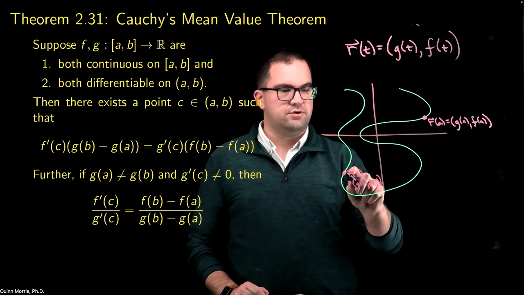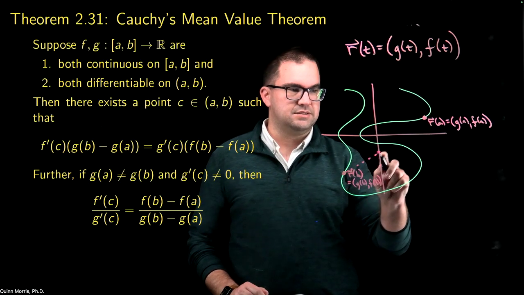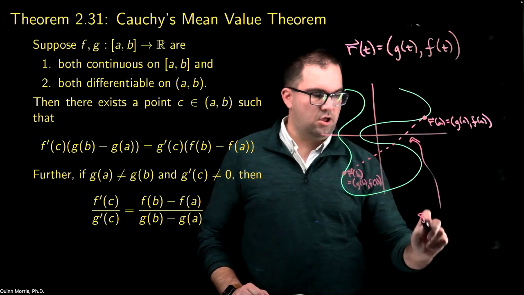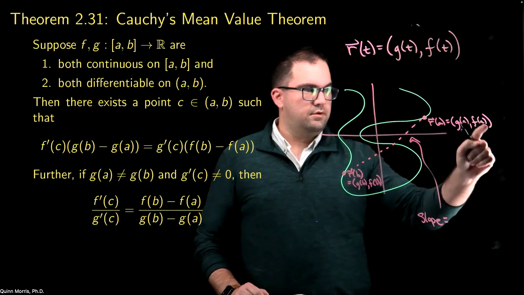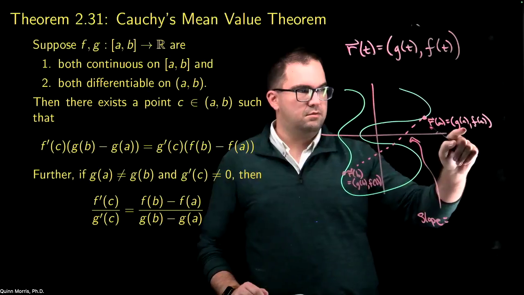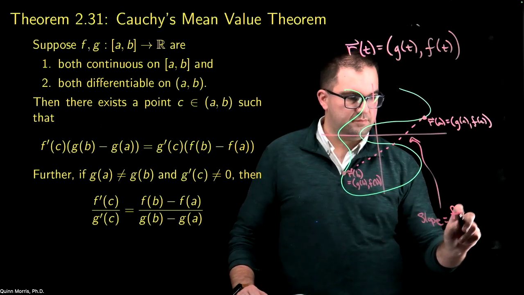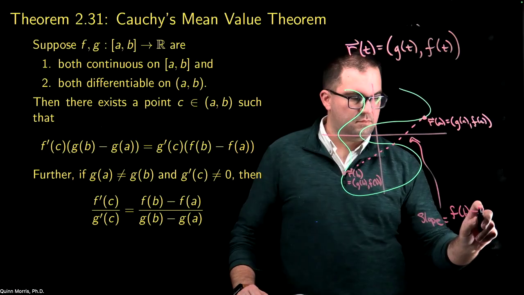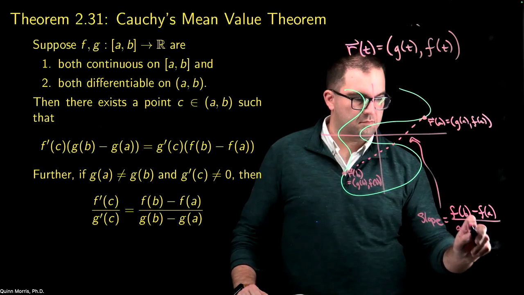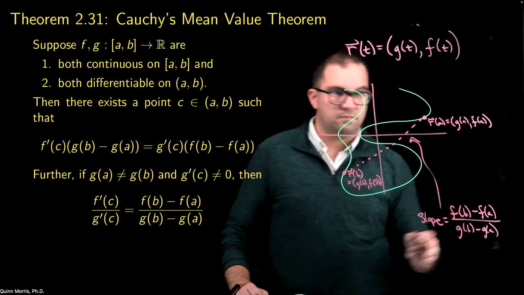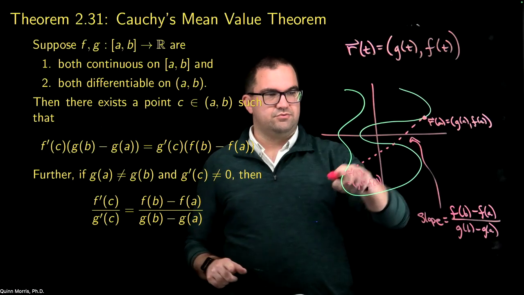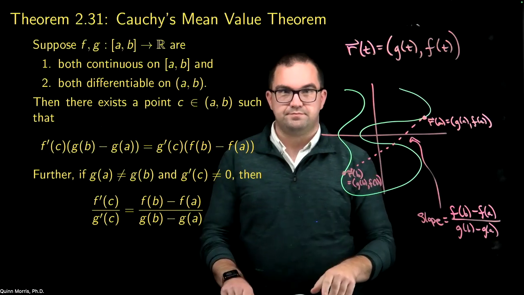Now, consider the line segment that connects these two points. This line segment has slope f of b minus f of a over g of b minus g of a. So on the right-hand side, this is just the slope of this line.